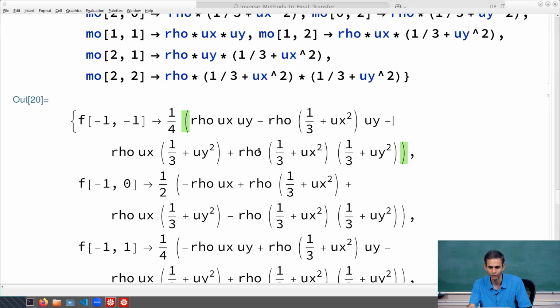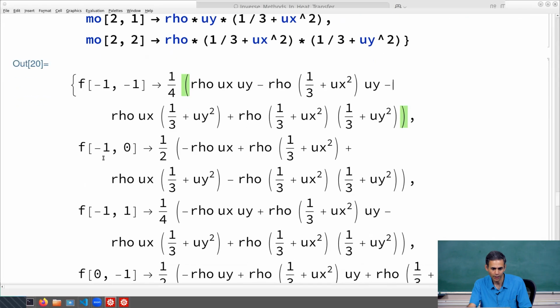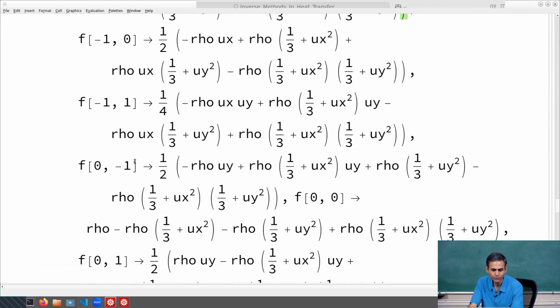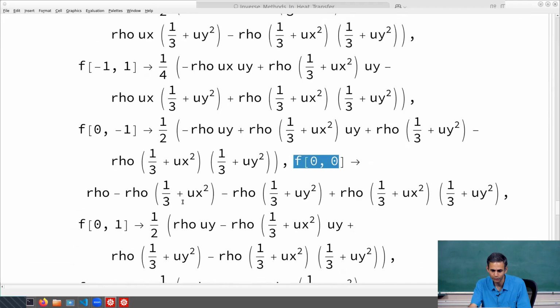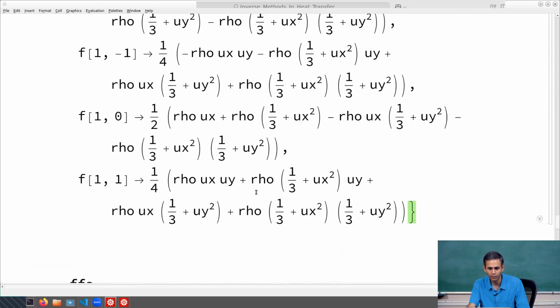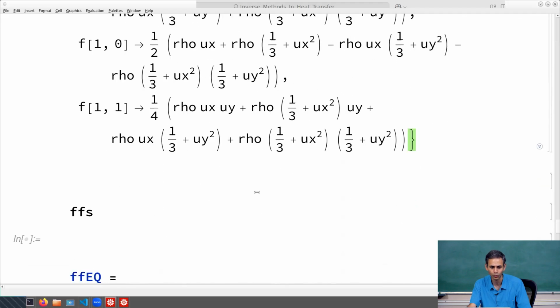It has just substituted for all of these. Similarly, f of minus 1 0 is again in terms of rho ux uy, and f minus 1 1 also is like that, f 0 minus 1 is also like that, and you see the equilibrium distribution function for f 0 0 is also in terms of all these values, okay? So we got a big list of distribution functions in terms of rho and ux uy.